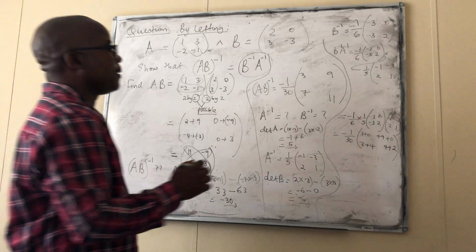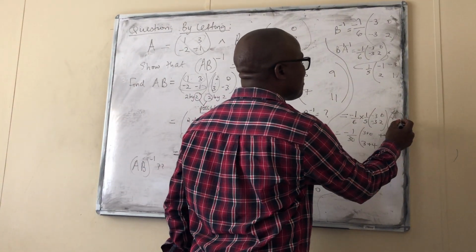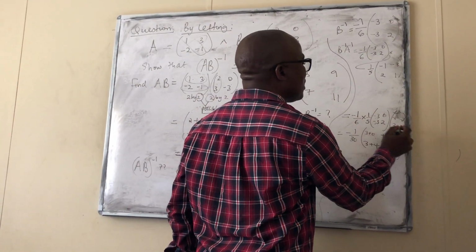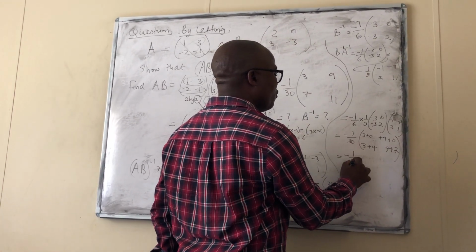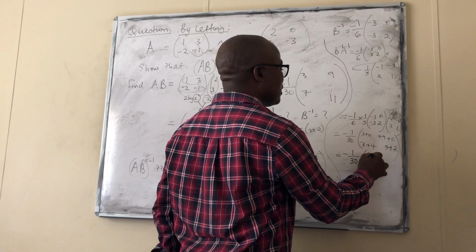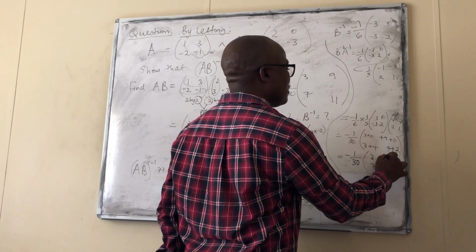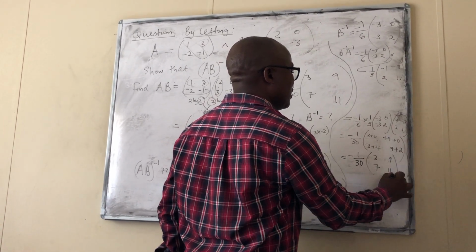Okay, it's fine. Negative 3 times negative 3 is 9. 2 times 1 is 2. And this will be minus 1 over 30. And this is 3. This is 7. This is 9. This is 11.